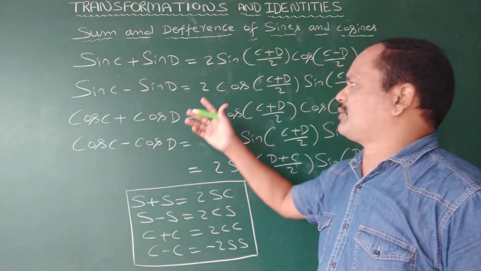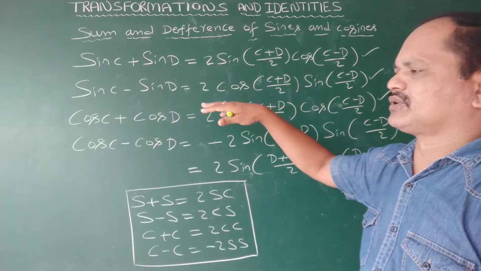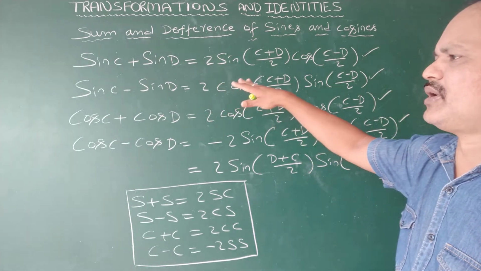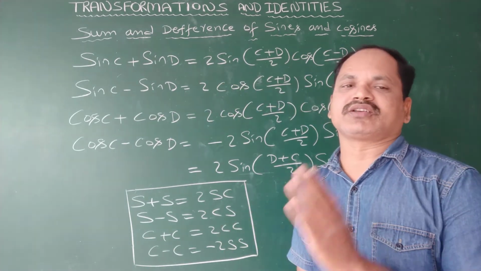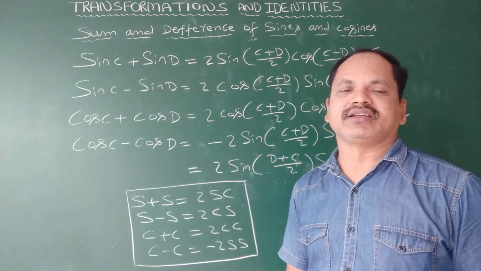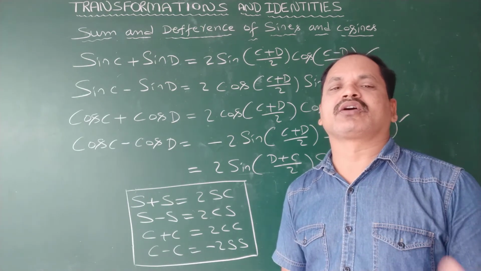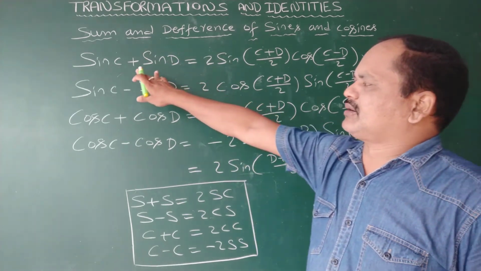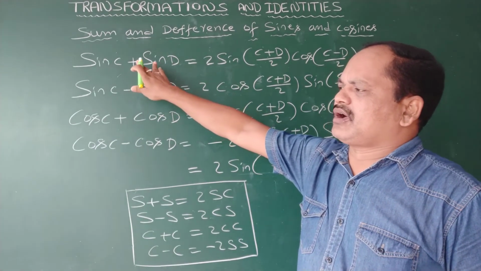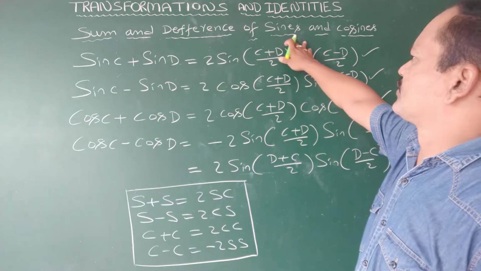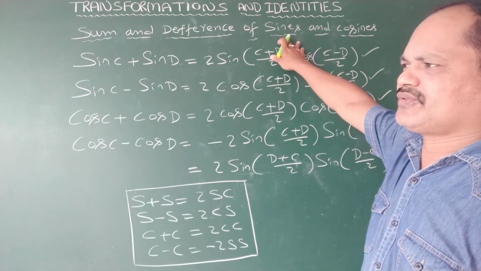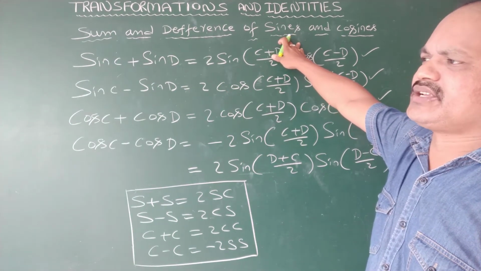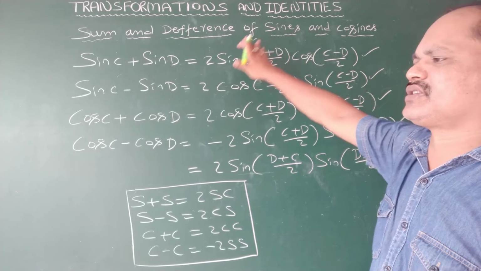There is no formula for sin C + cos D, or cos C + sin D, or sin C - cos D, or cos C - sin D. So it is the sum or difference of sines, the sum or difference of cosines.